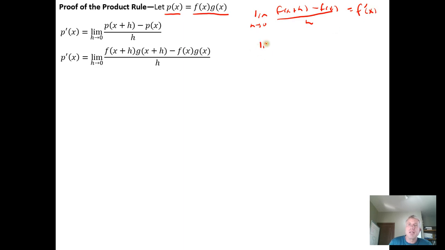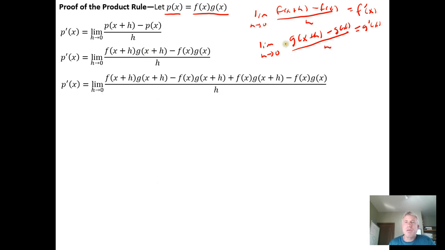And if we could get the limit as h goes to 0 of g of x plus h minus g of x all over h, this is just the definition of the derivative of g of x. So part of the next step is just a clever manipulation to try to get these two forms to pull out of this ratio. So it looks complicated at first, but if we talk it through, it's not too bad.